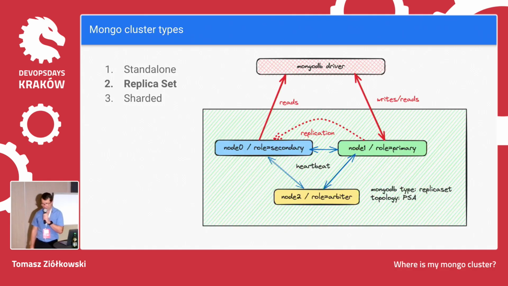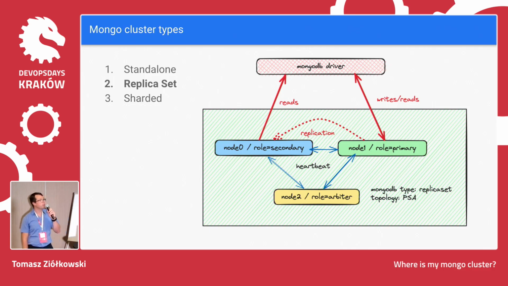Okay, we can use for production purposes two kinds of Mongo cluster types. First of all, the most popular in Allegro is replica set. It is a cluster that consists of nodes that can have three roles. Primary, which is used to write all data to the cluster.